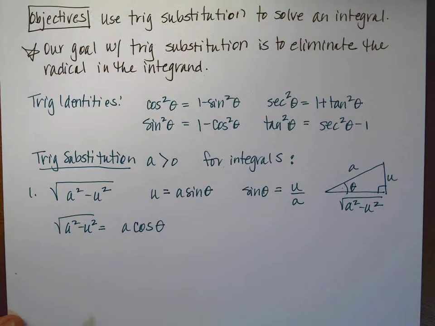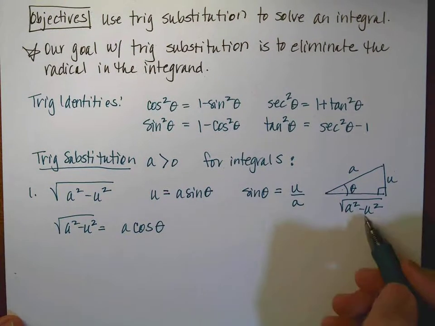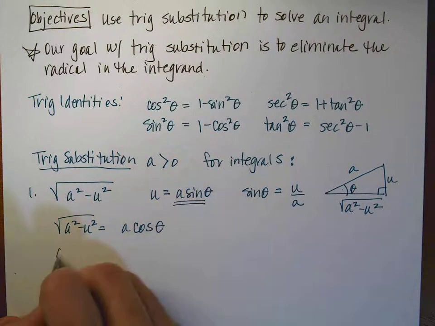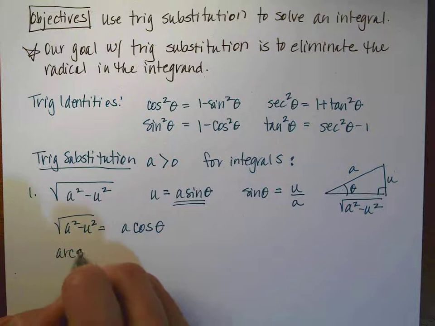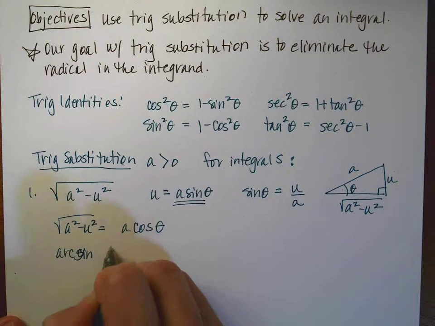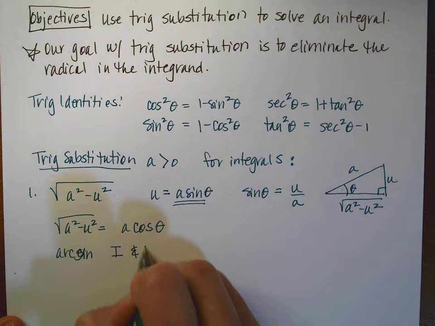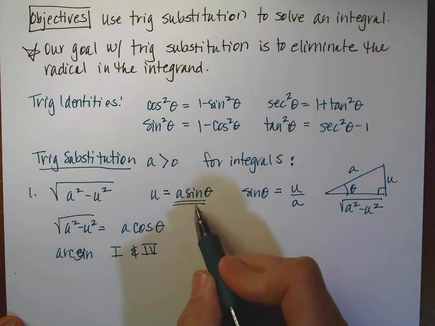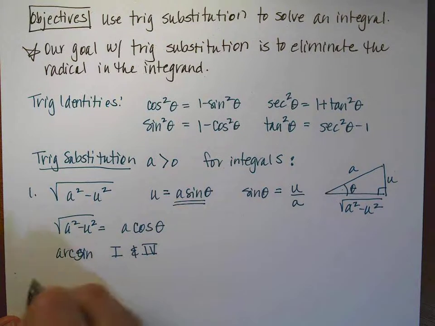These types of problems have restricted domains. If you'll remember, arcsine is limited to the first and fourth quadrants, so in this solution our answer would also be limited to the first and fourth quadrants.